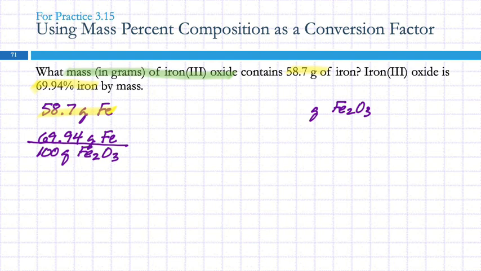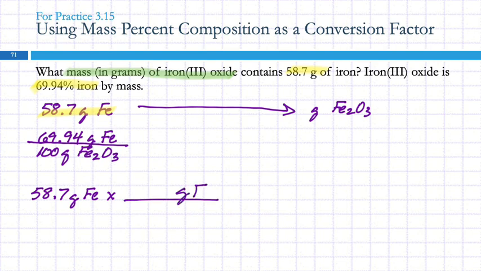And I left this big, huge space in the middle, but it's just really one step. So 58.7 grams of iron. I'm going to convert to grams of iron oxide, and I'm going to divide by grams of iron. So again, I'm getting my units to cancel out.